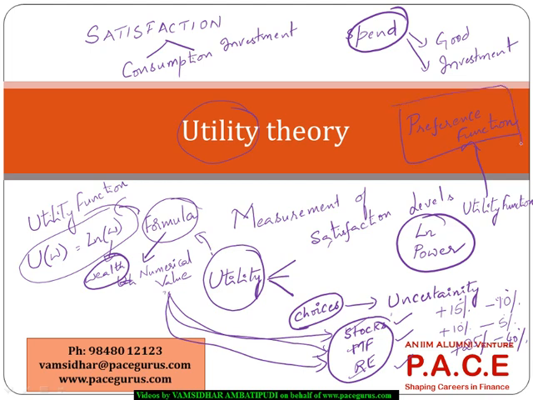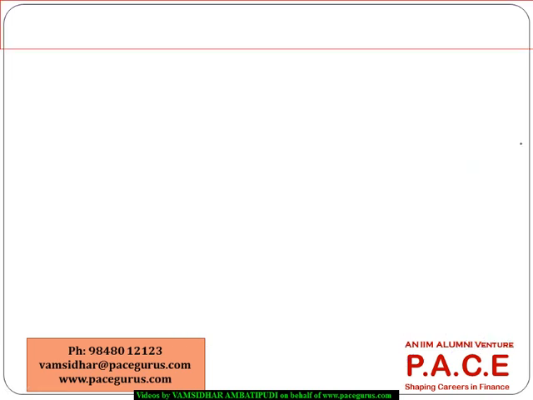Alright. Now, as a small extension to this concept, we are talking about expected utility. When I am talking about utility for each investment choice, whatever the outcome, we use a utility function and try to compute the utility.